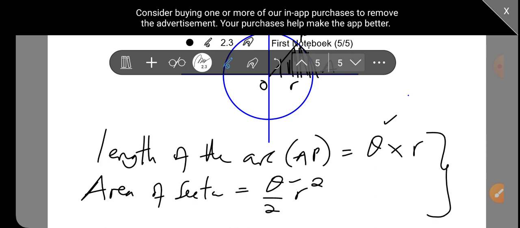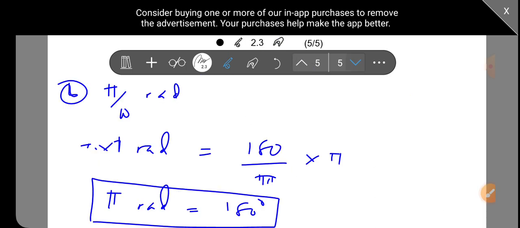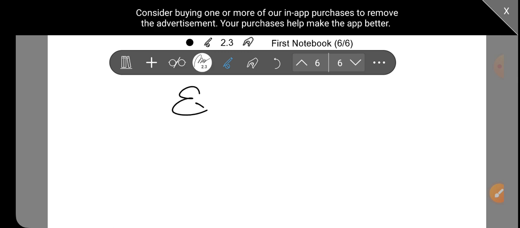So let's have an example from this one. In this example, we've been asked to find the area of a sector of the circle subtended by... okay, we're going to find both.